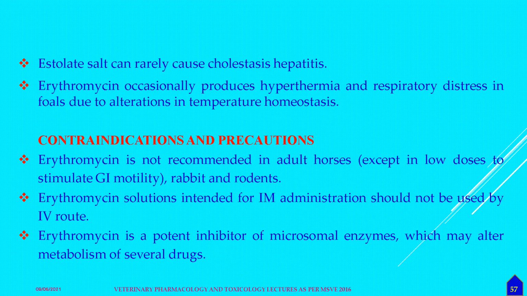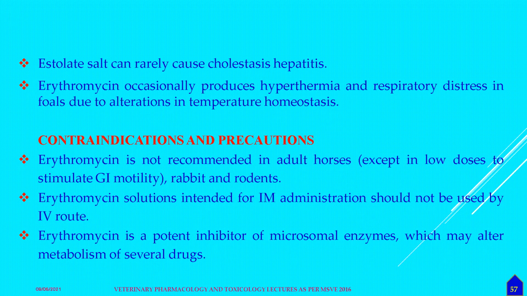Then erythromycin acetylate salt can rarely cause cholestasis, hepatitis, or other problems. And erythromycin occasionally produces hyperthermia. So the body temperature will be increased transiently, and sometimes it causes respiratory distress in foals due to alteration in temperature homeostasis.